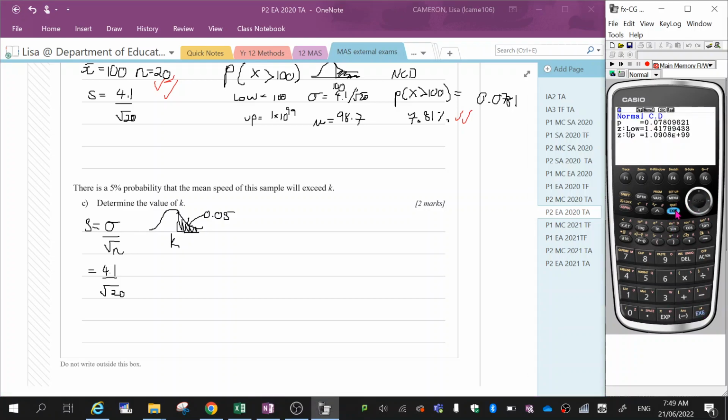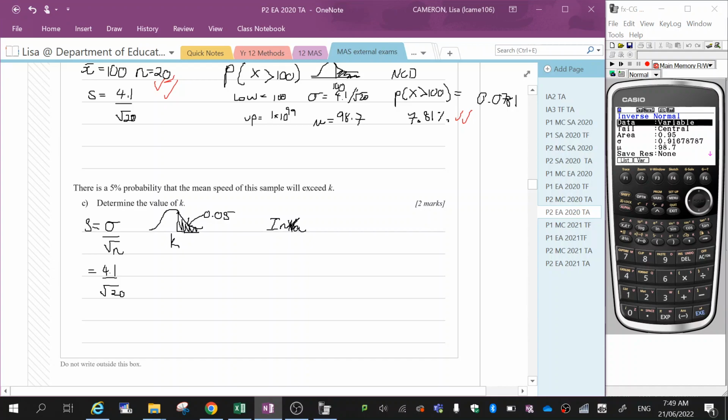So this time we've got our deviation, which means we want to use inverse normal. So exit, distribution, normal, inverse normal is what we're using. Okay, so this time we don't want it to be central. The tail is going right. Then we want the area to be 0.05.